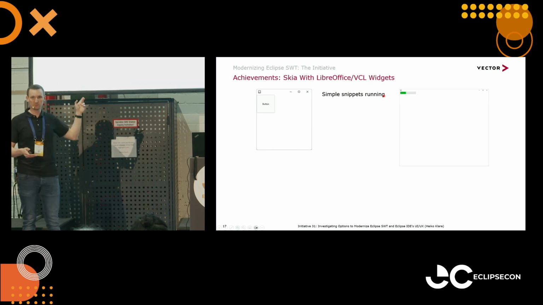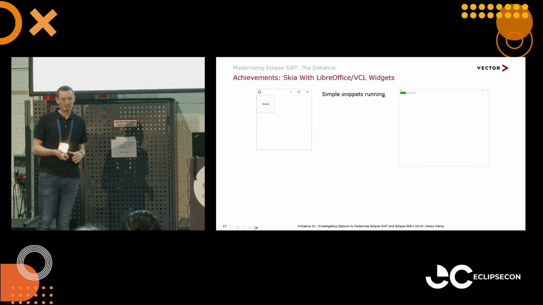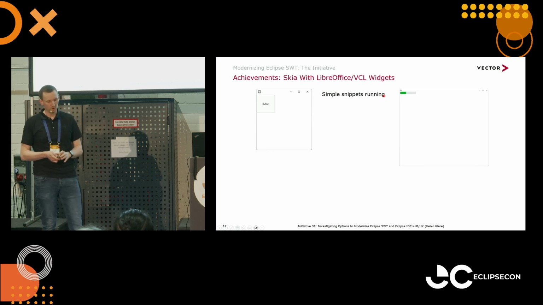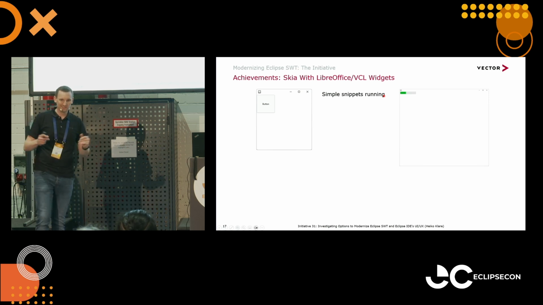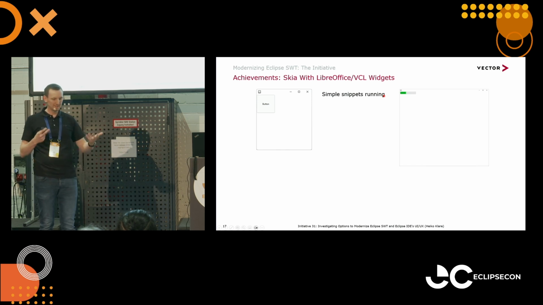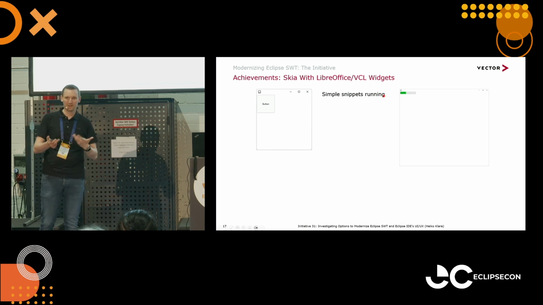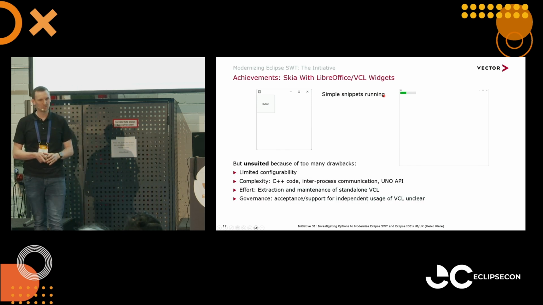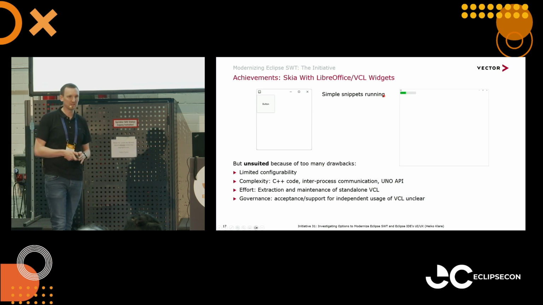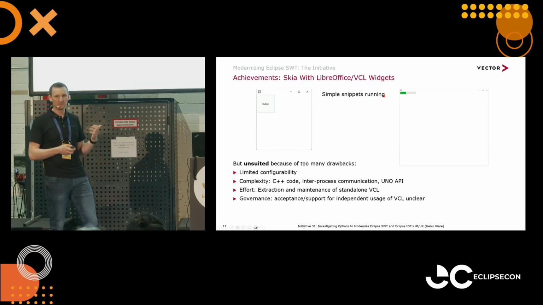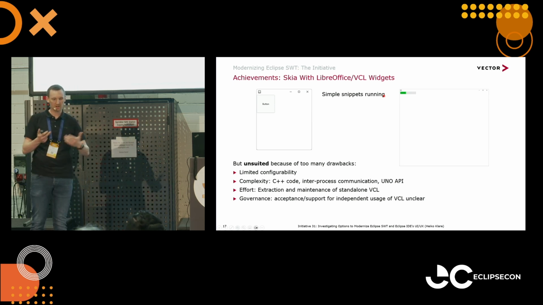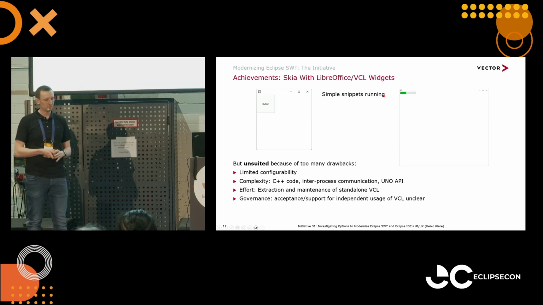So these are SWT Java code running, but using the widget framework of LibreOffice. But even though this was possible, it was quite a long path until there, and you really need some specific knowledge in C++ in this communication part and so on, which is why we found this solution to be rather unsuited, because it does not meet these constraints that we had before regarding skill set and so on, and efforts.